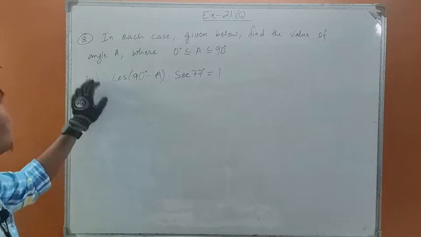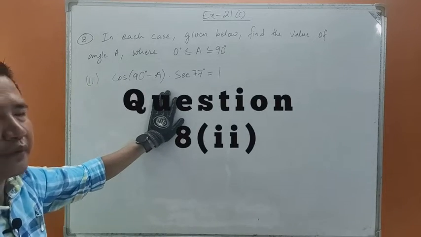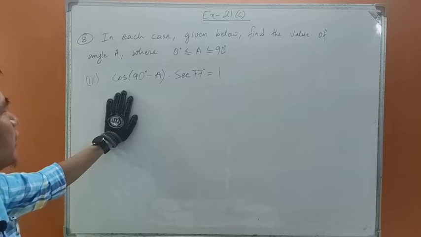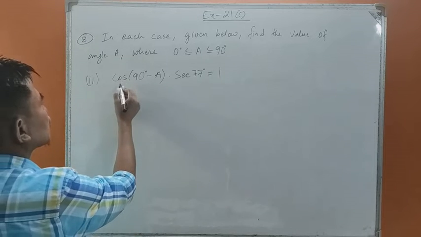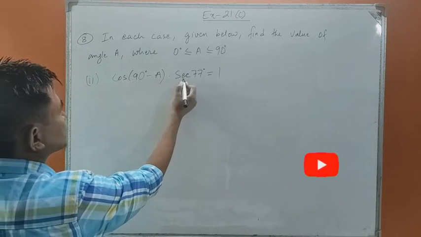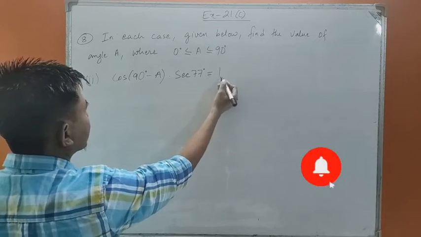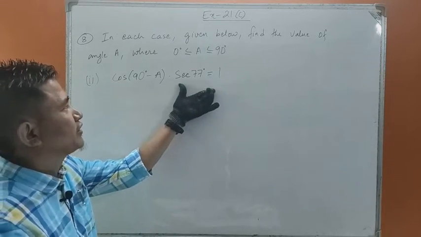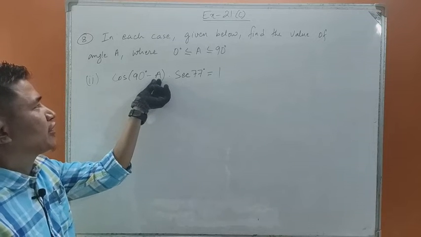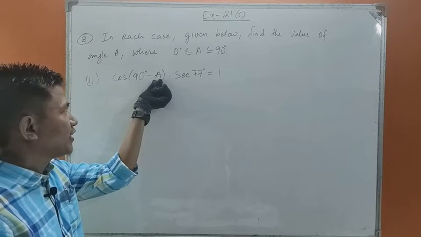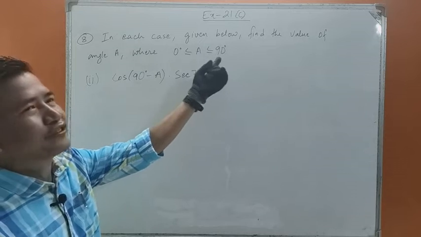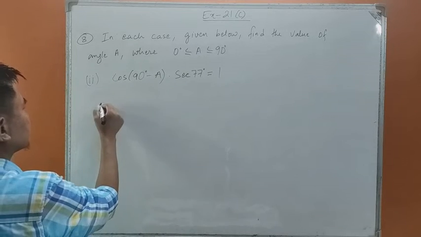Okay, question number 2 of 8. This question is very similar to the previous one, question number 1, isn't it? So we have cos(90 minus A) into sec 77 degree on the left hand side, and we have 1 on the right hand side. We are provided with this equation and we are asked to find the value of A, and the angle A should lie between 0 degree and 90 degree, isn't it? So let's begin.